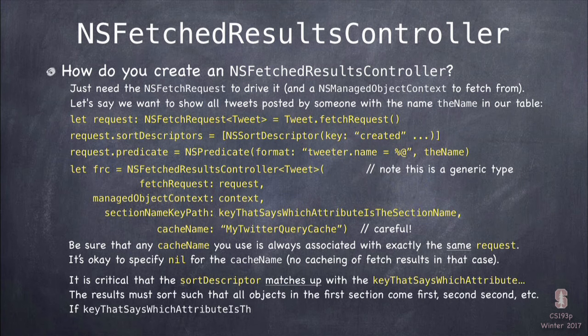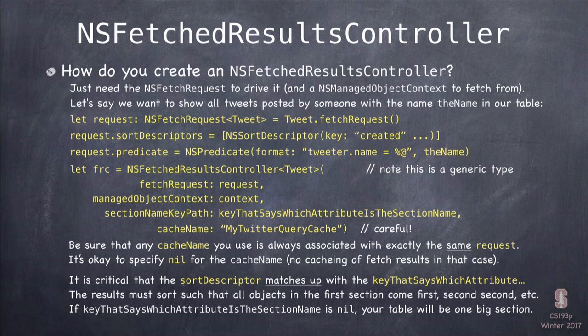And about that section key thing, something to be careful about there too is that whatever your sort descriptors say that your rows would sort in, that has to be exactly the same order that your sections would sort in. In other words, the fetched results controller doesn't know how to move things around if they sort out of order of their sections.